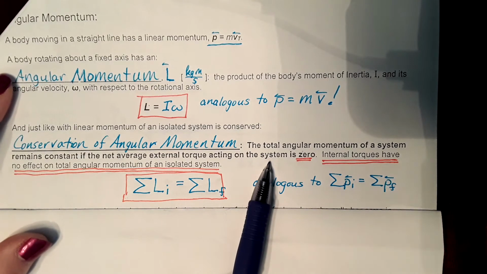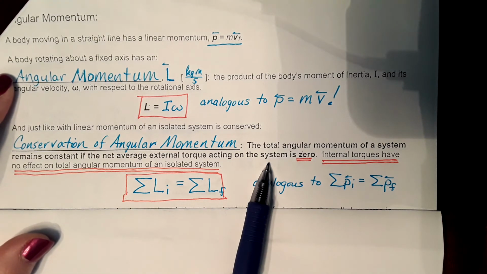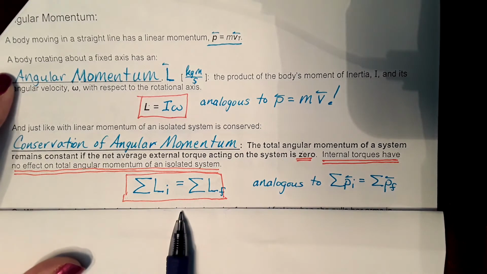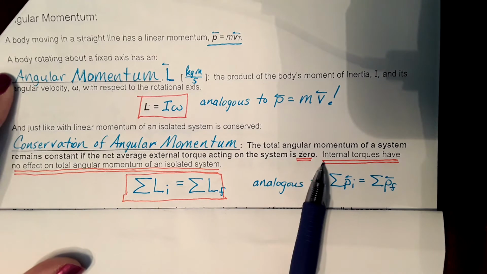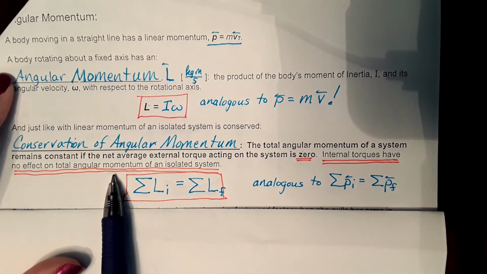Just like for a linear system, if the net external force is zero, momentum is conserved. Here, since torque is analogous to force, then if the net external torque acting on the system is zero, momentum is conserved. Okay, so the internal torques have no effect on angular momentum of an isolated system.